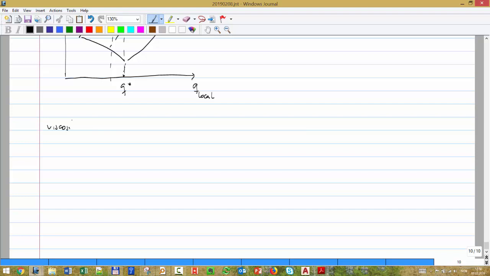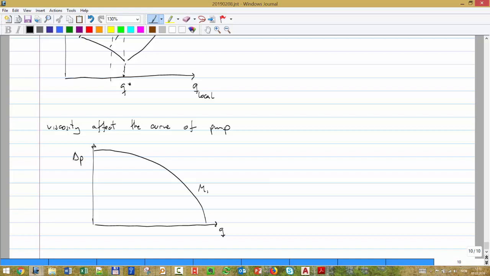Viscosity affects the curve of the pump. If you have your Q and your delta P, for a viscosity 1 and for a viscosity 2, the curve will be reduced.